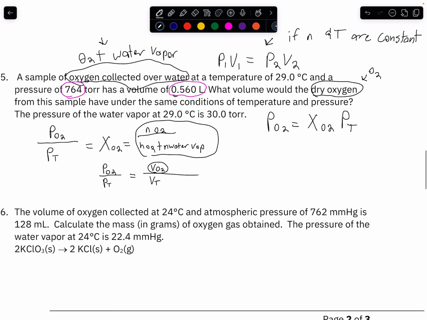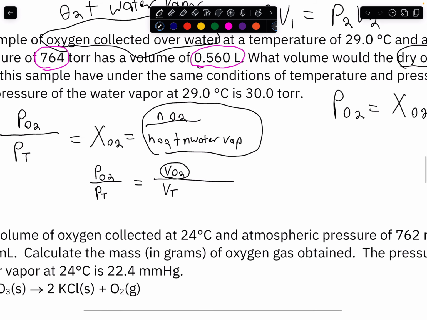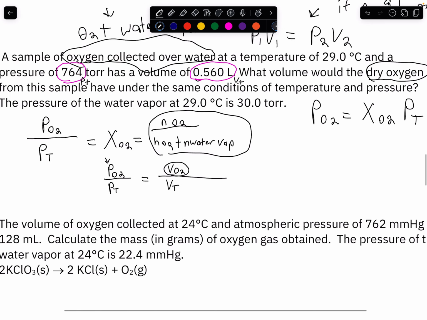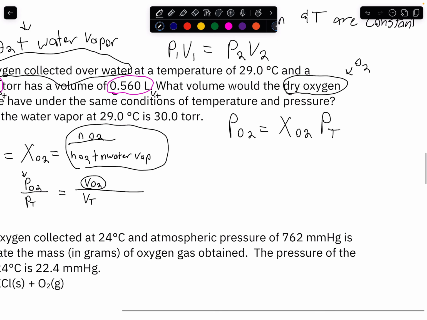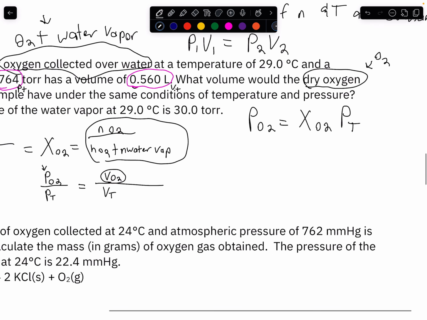The last thing we need to do is find this pressure, because this is our total. This is PT. This is our V total. And we just need to find our partial, where we subtract from our total pressure, which is 764, our 30 torr of water vapor.